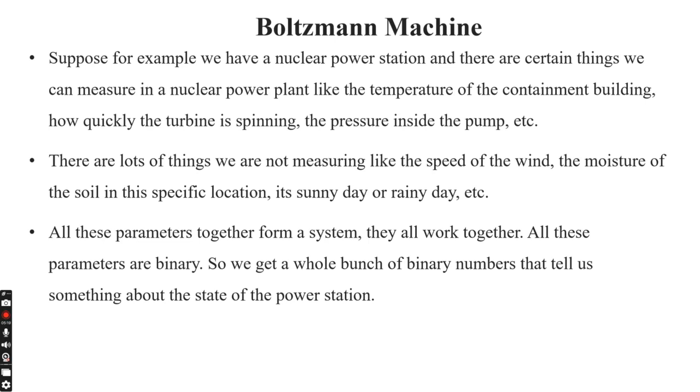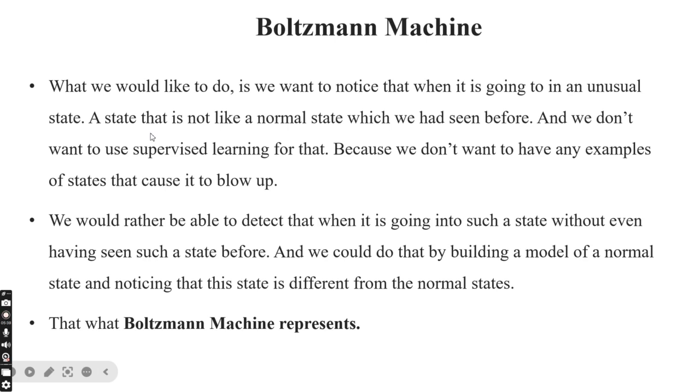All these parameters are binary. So we get a whole bunch of binary numbers that tells something about the state of the power station. It's exactly the same scenario applicable to the Boltzmann machine. Boltzmann machine is also a bunch of binary numbers, and it can give a solution by interconnecting all the nodes.